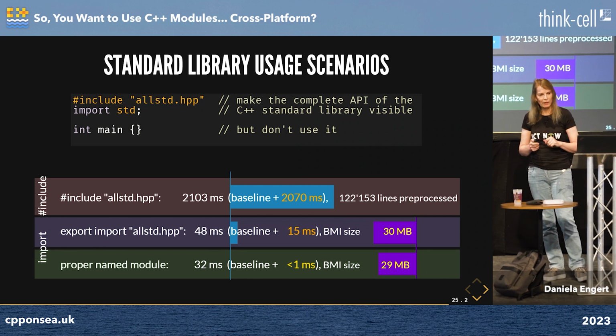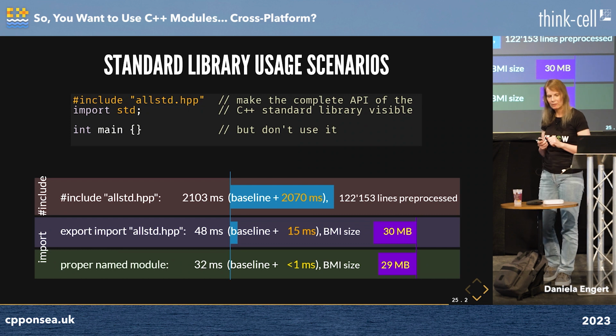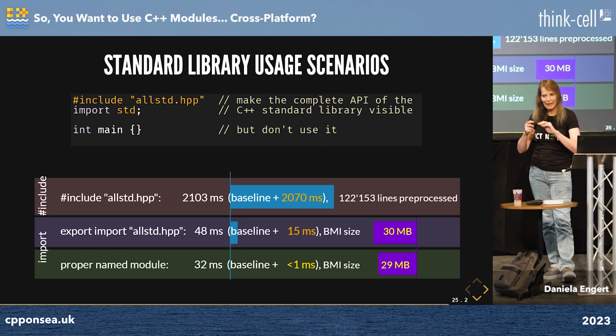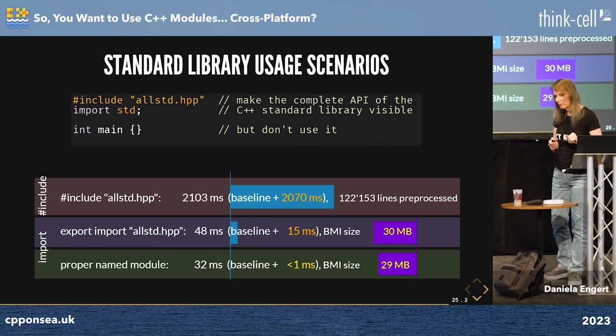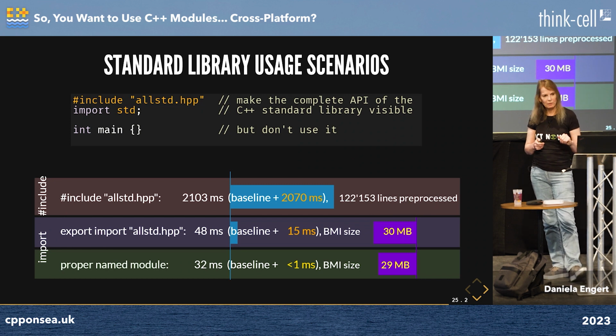On my machine back then, it took roughly 2 seconds or so. Not doing anything with the API, just making it available. And with my implementation of a modularized standard library, it's no longer taking 2 seconds, but just 15 milliseconds.